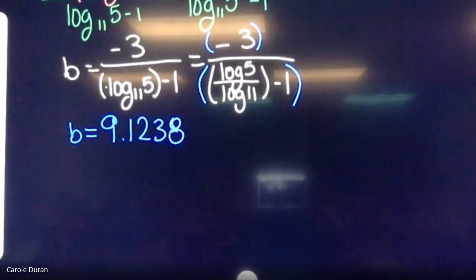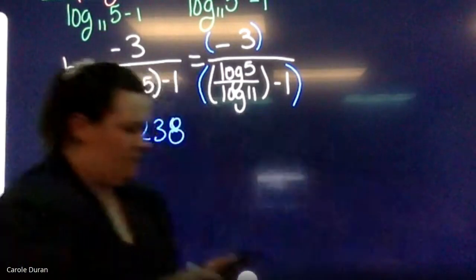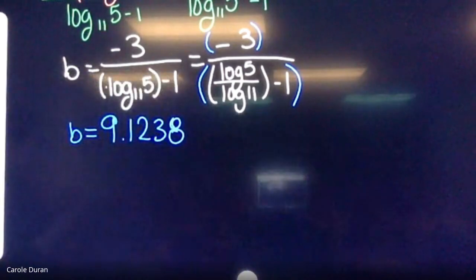I got -5.17. Okay, can you plug it in again and before you press enter, can I look at it? Yeah, look at it right now. That's why: you didn't close your parentheses after 5.